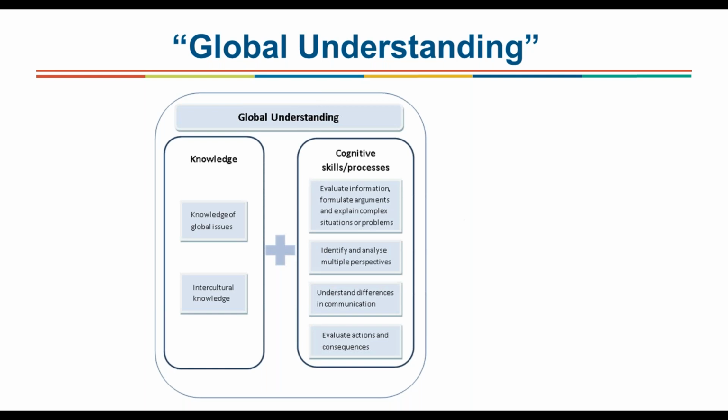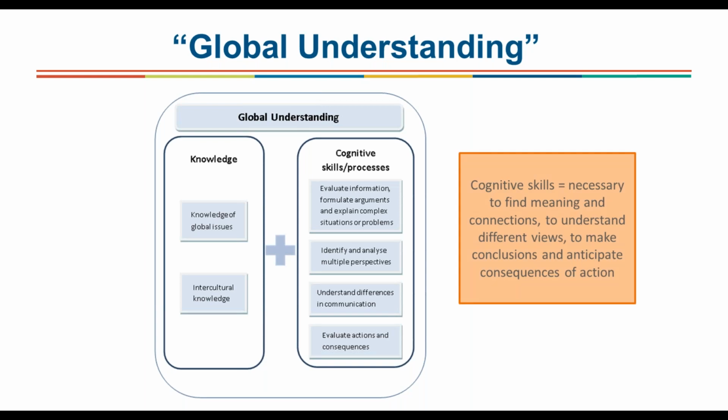So global understanding also requires the simultaneous use of both knowledge and cognitive skills and processes. And these cognitive skills are necessary to find meaning between existing knowledge and new knowledge, to understand different perspectives and points of view, and also to make conclusions about the actions that we take.